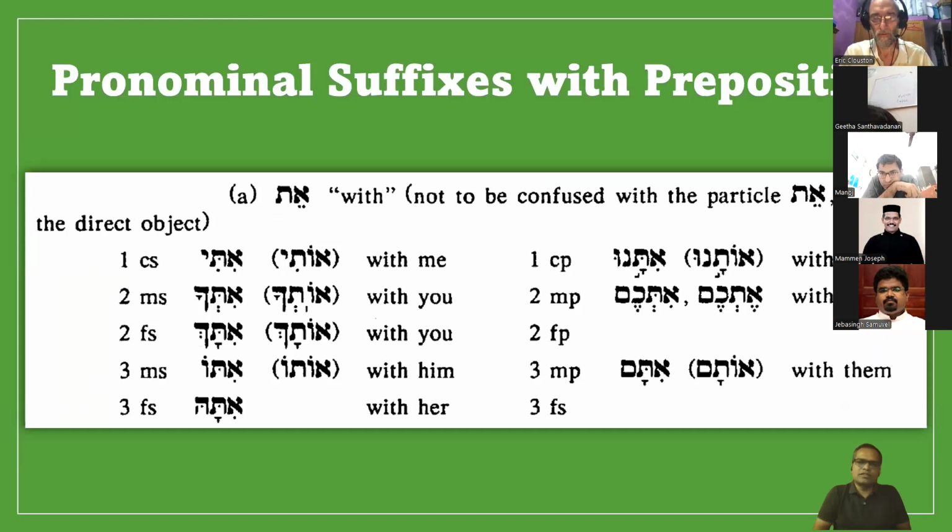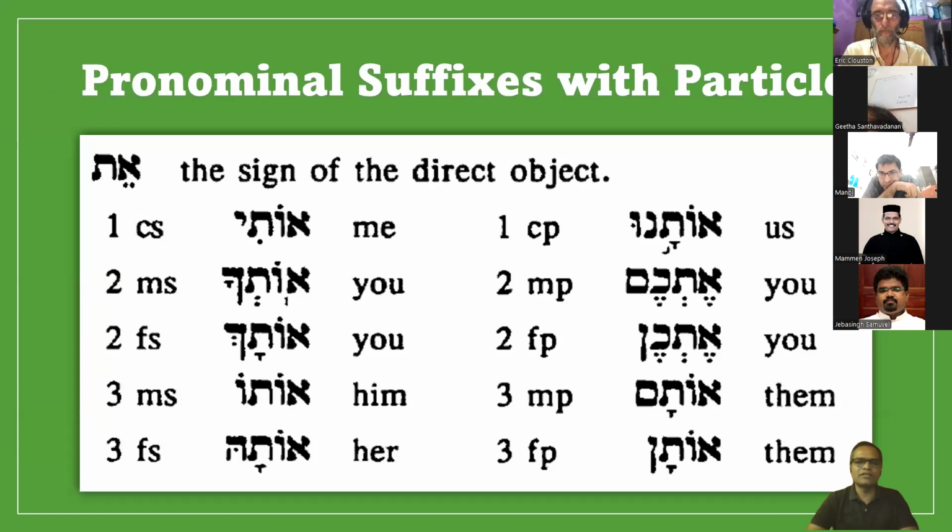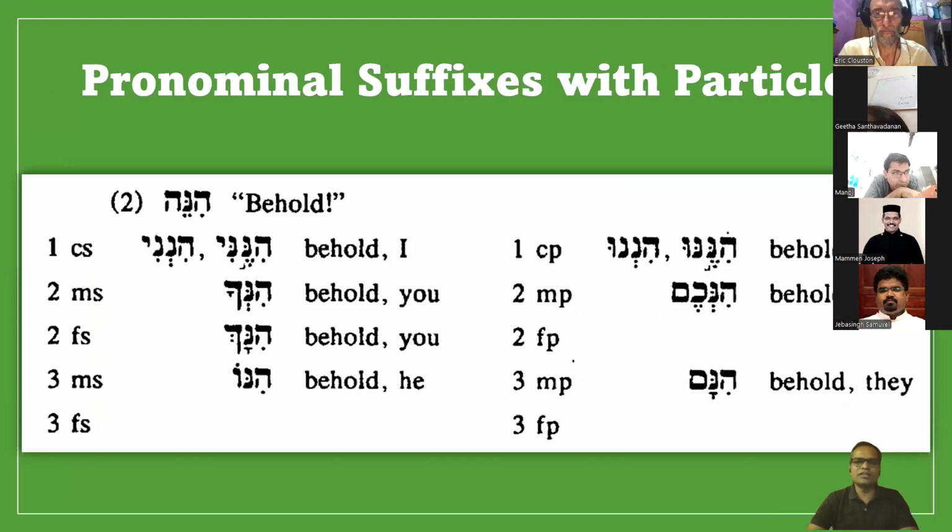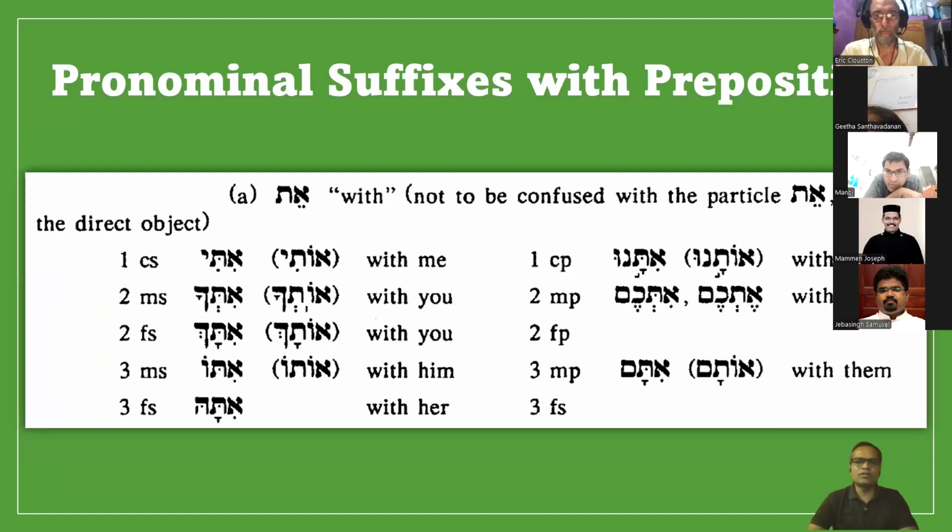So et or ot. You see here again, sometimes exceptionally ot is also there. So this is again the confusion. Only with the context can we understand whether it is a sign of the object. Exactly. When we start small phrases with the verbs, we will be able to understand that.